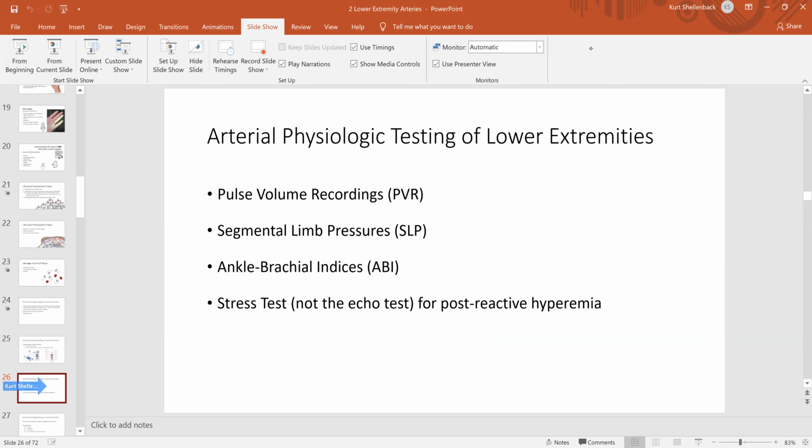Segmental limb pressures. That's basically this. That's what we're also doing up here. Segmental limb pressures. ABI. That's just arms and ankles. And stress test to see if things get worse, according to Bernoulli's law.